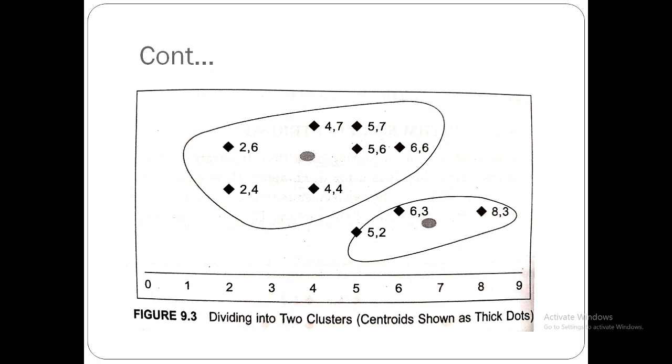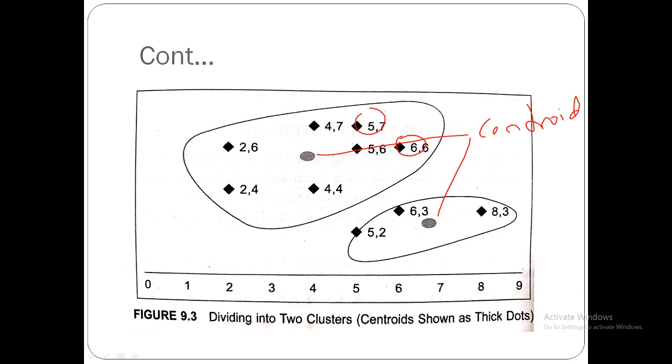Here for this one, once again we have to find the centroid. For these three elements we have to take an average and find the centroid. And for the above we have to find one centroid. For all these items we have to find the centroid here. See, in the bigger cluster, the data points are far from this data point, and here.